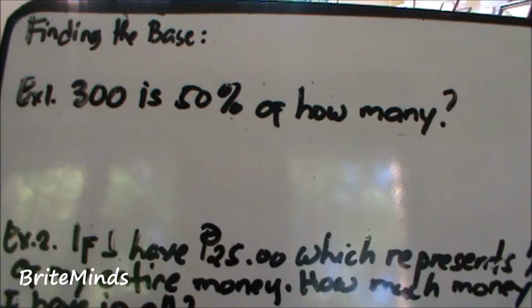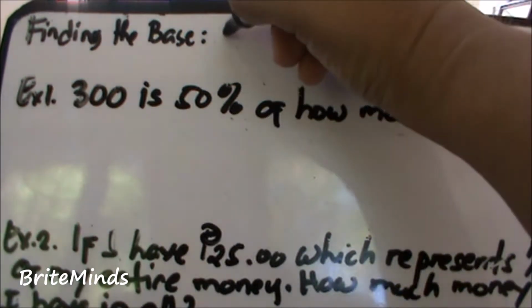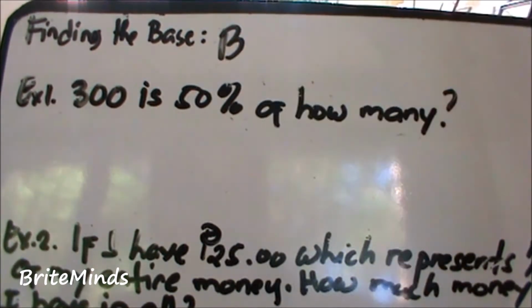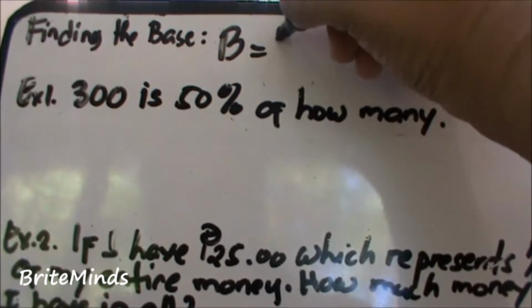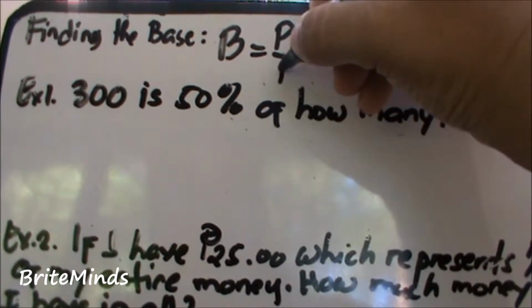Finding the base. To find the base, divide the percentage by the rate, and we can use the formula base equals percentage over rate.